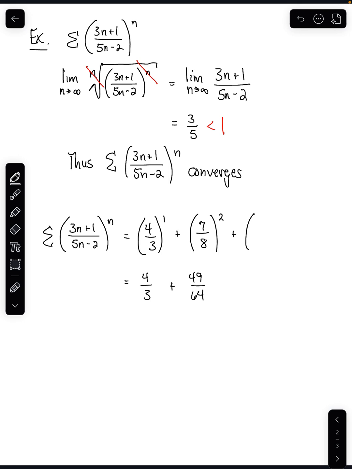For the third term of the series, we would have 10 for the numerator and 13 for the denominator, this time raised to the third power. And that, of course, is going to get quite disgusting. 13 cubed is 2,197, while 10 cubed is 1,000. So this is now smaller than 1/2.